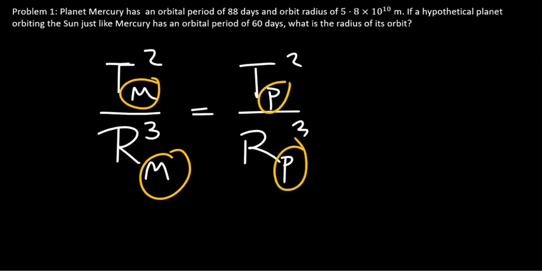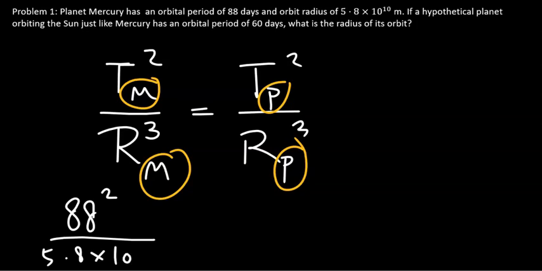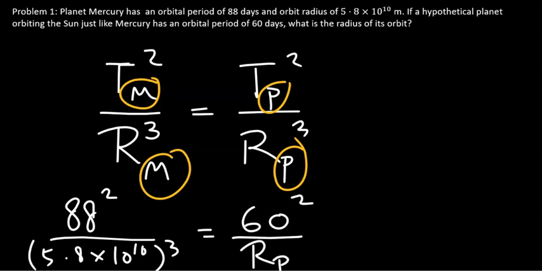Since the orbital period for Mercury is 88 days, so that's 88 squared, the radius is 5.8 times 10 to the power 10, cubed, equals the orbital period of the hypothetical planet, which is 60 days, so that is 60 squared over the radius of that hypothetical planet that we want to find.